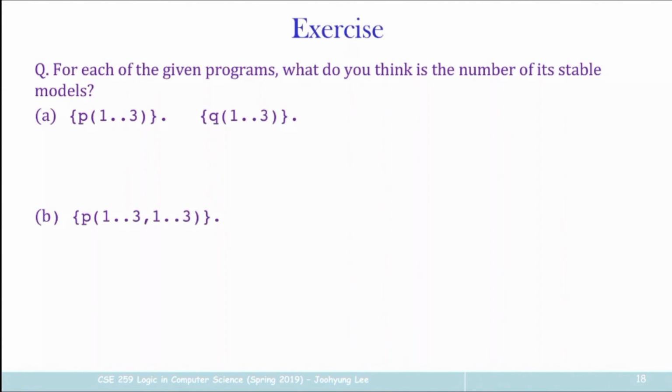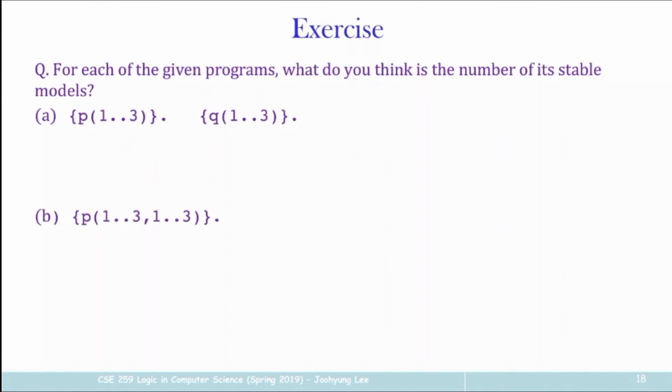2 to the 9th. Did you really count all 512? No. How did you come up with that? Since there's 3 for the first parameter and 3 for the second, 3 times 3 is 9, and then the power set. Correct. So what he is saying is the rule inside will generate 9 atoms: P1,1, P1,2, P1,3, P2,1, P2,2, P2,3, P3,1, P3,2, P3,3 will be generated here.